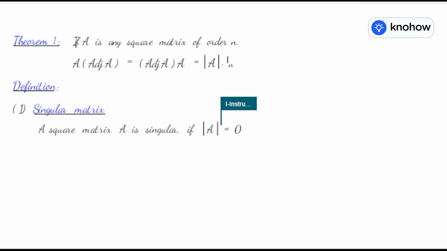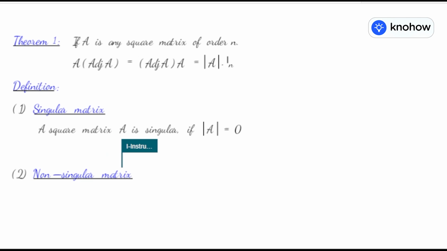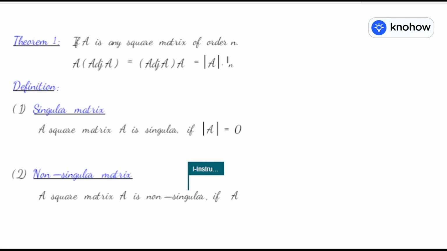And what do you mean by non-singular matrix? Non-singular matrix. Again, a square matrix A is said to be a non-singular matrix if determinant A is not equal to 0. Then you note down a theorem 2.